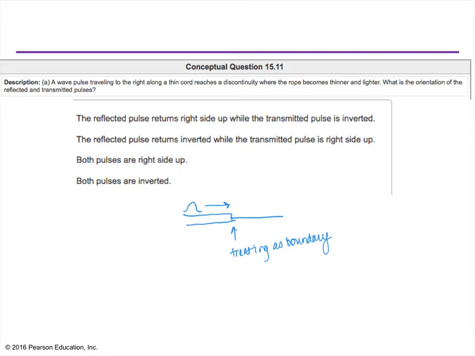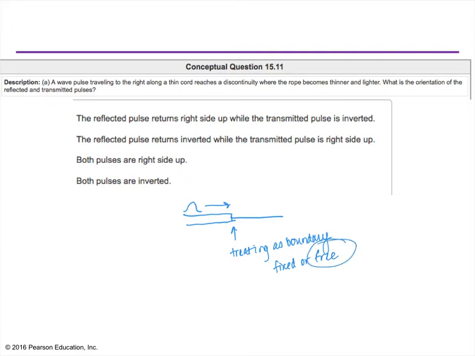And so in a sense, we're asking ourselves, is this going to be fixed or free? And if you think about it, if you're going from a more massive string to a thinner string, the thinner string is really going to create less of a resistance to the wave pulse. So that's going to be like a free boundary.